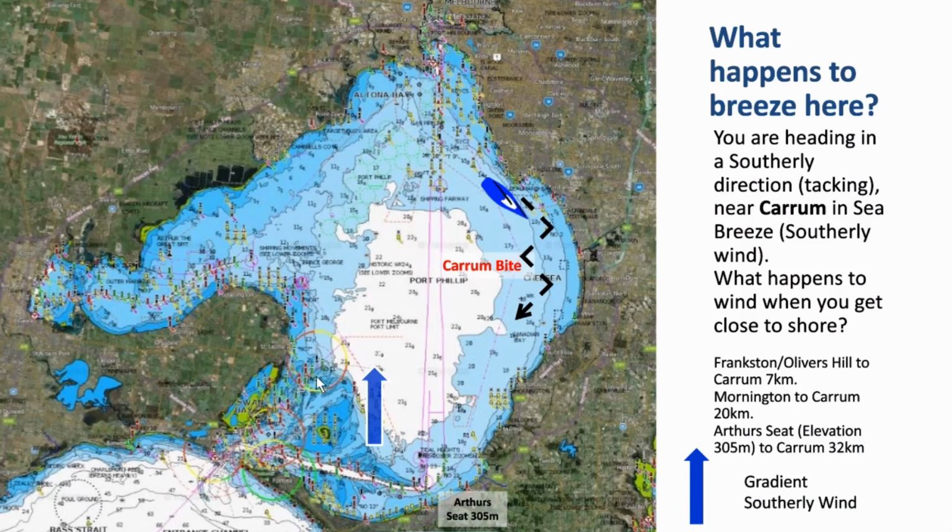When you get past Prince George Bank, you go back to gradient wind and it returns to the normal southerly.